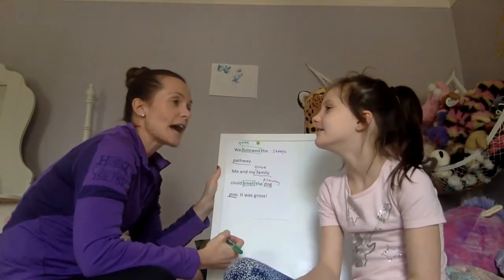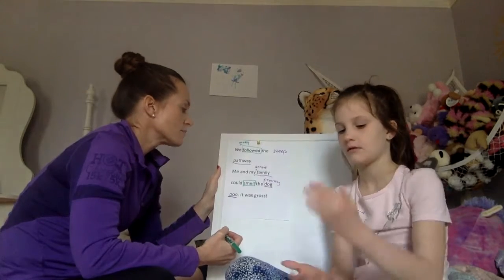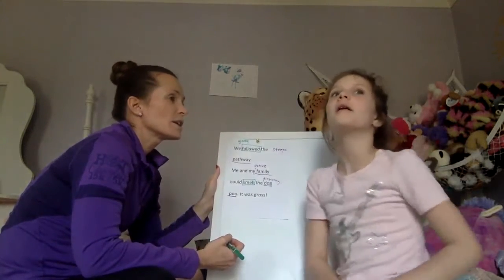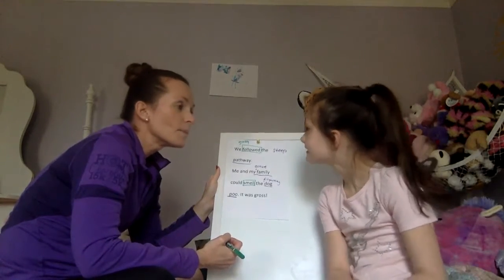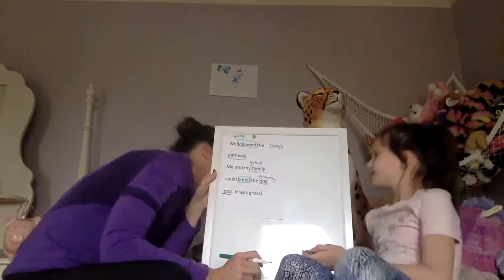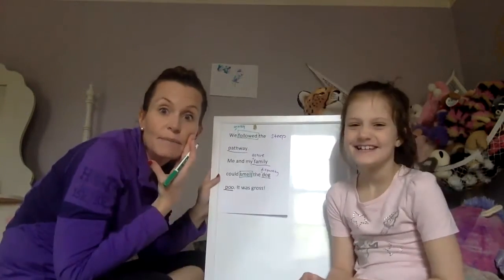You're right. Can you think of an adverb? I'll give you some suggestions. My family could easily smell the dog poo. We could cautiously smell the dog poo. She asked what cautiously means.